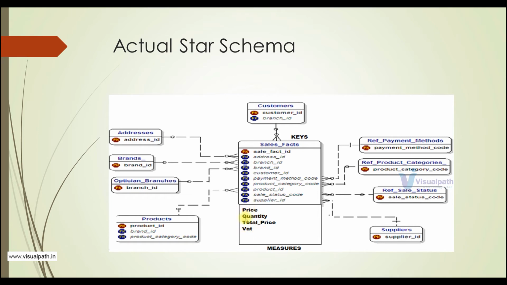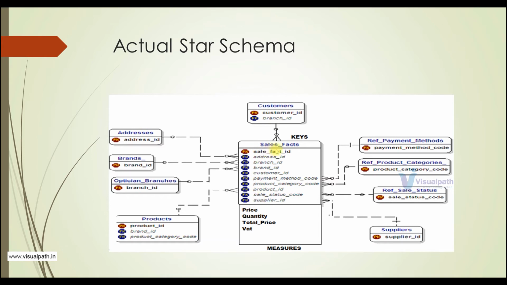This is your transactional data. You can also say this is your measures. So measures, or your transactional data, or your fact, all these three relate to the same thing.